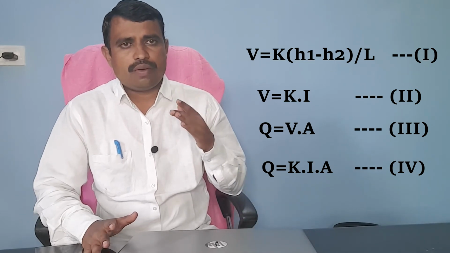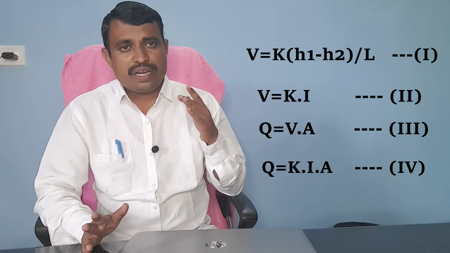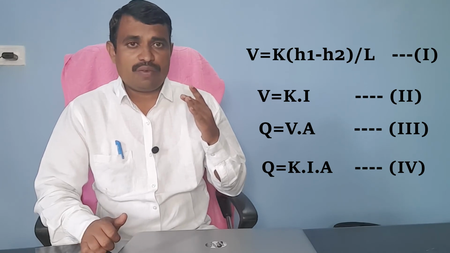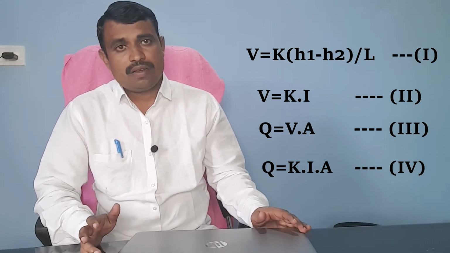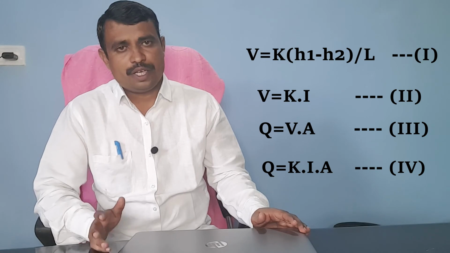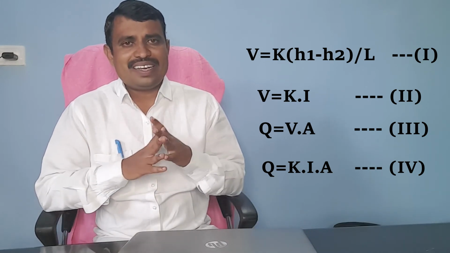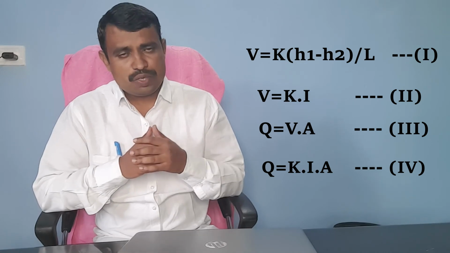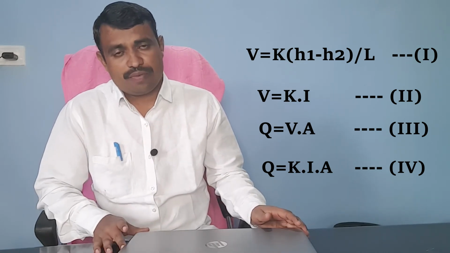In a porous medium, the hydraulic conductivity may range from 0.5 meter per day to 200 meter per day. If sandy material is there, then hydraulic conductivity is more and the velocity is also more.